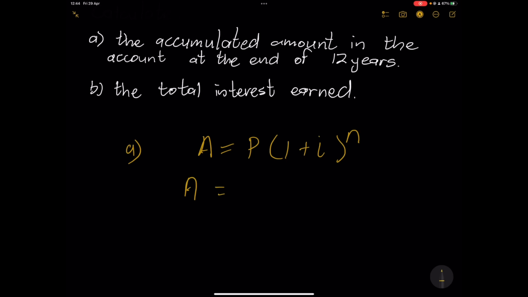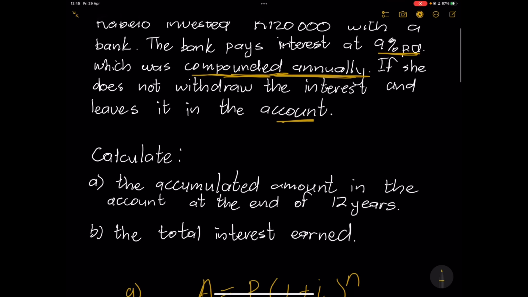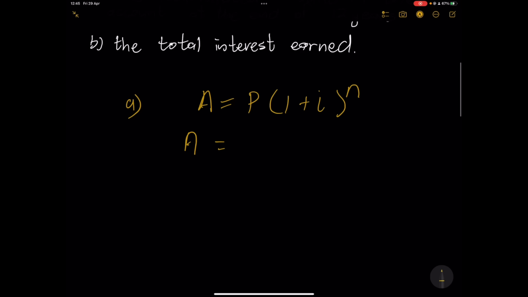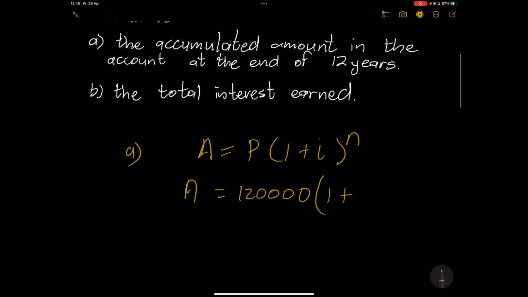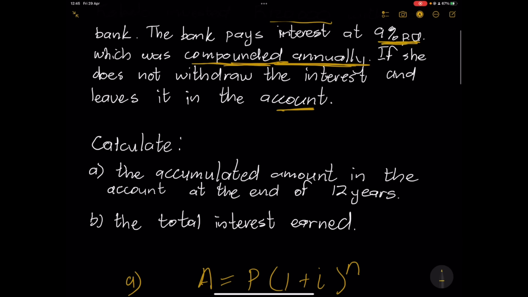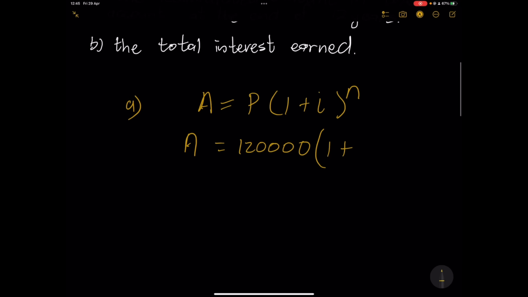But what is our principal amount? We know that we are investing 120,000 rands, right? So in this case, that would be 120,000. Okay, and 1 plus, now what is our interest rate in this case? They told us that it's 9% per annum, right? So remember once again, to get the interest rate, we always divide by 100.